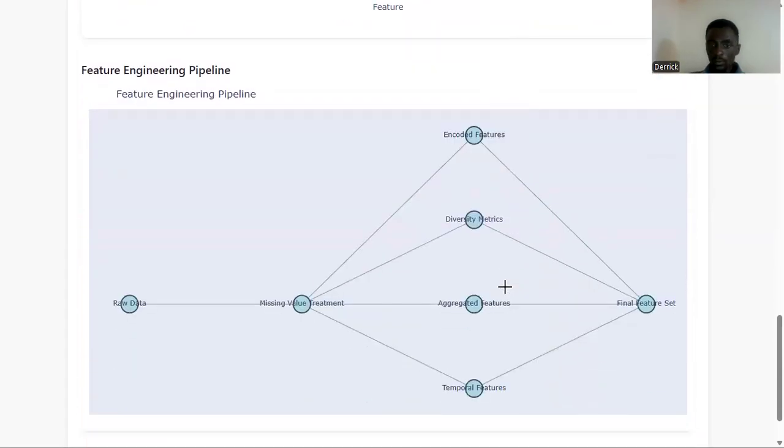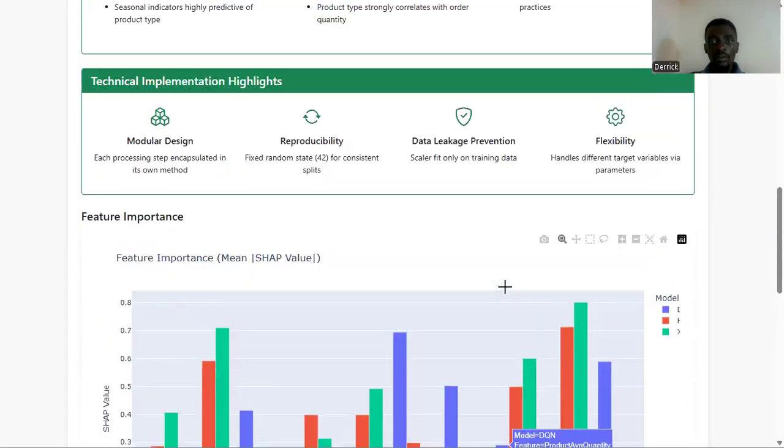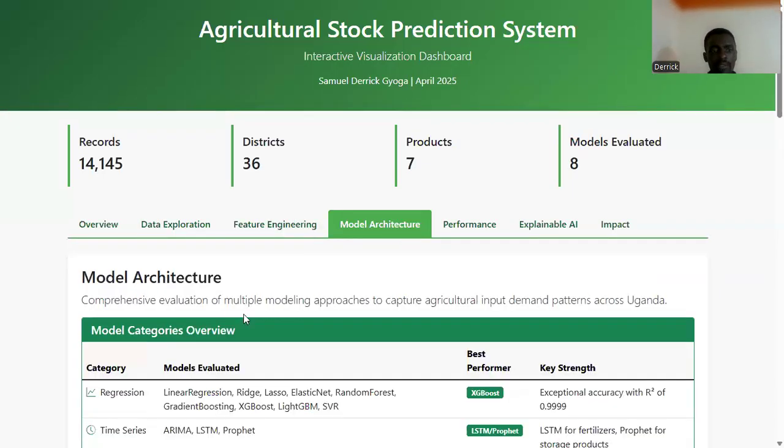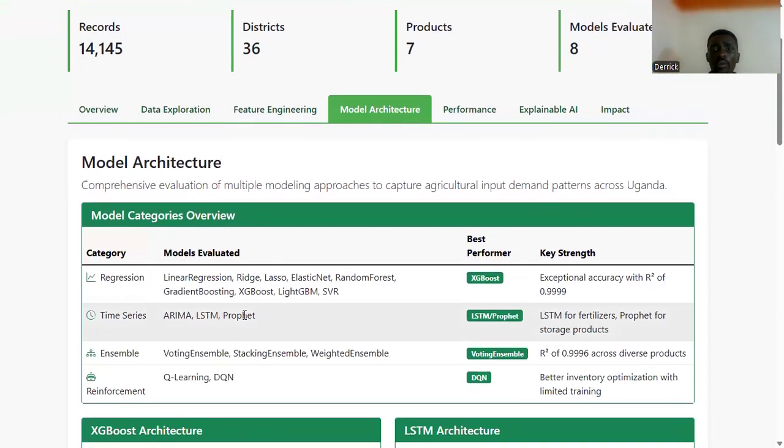So I've already gone through our feature engineering pipeline, then the model architecture. This is more of a list of what happened. We did a comprehensive evaluation of multiple modeling approaches to capture agricultural input demand patterns across Uganda, and then predict the stock prices.